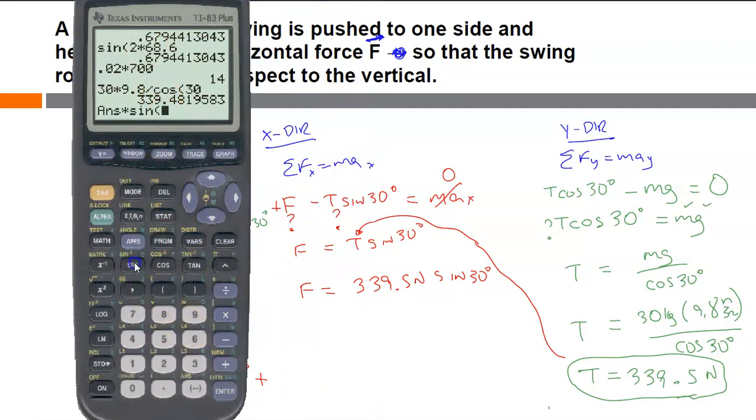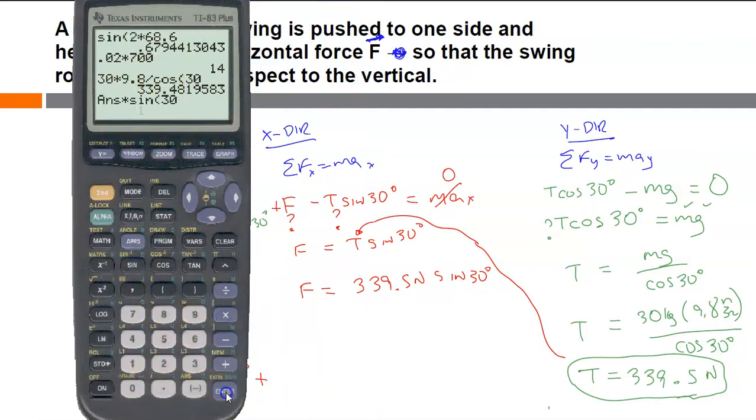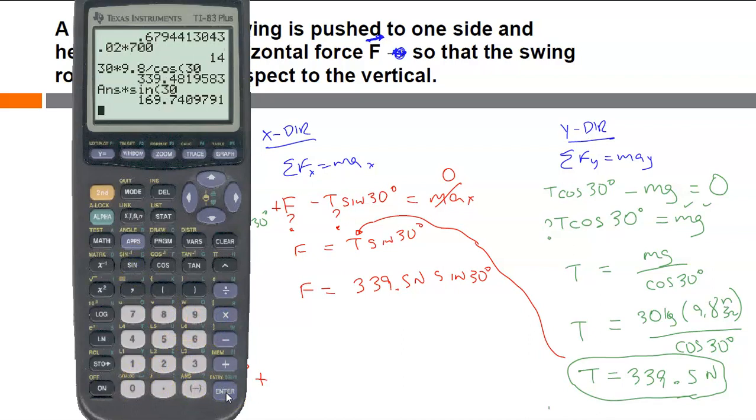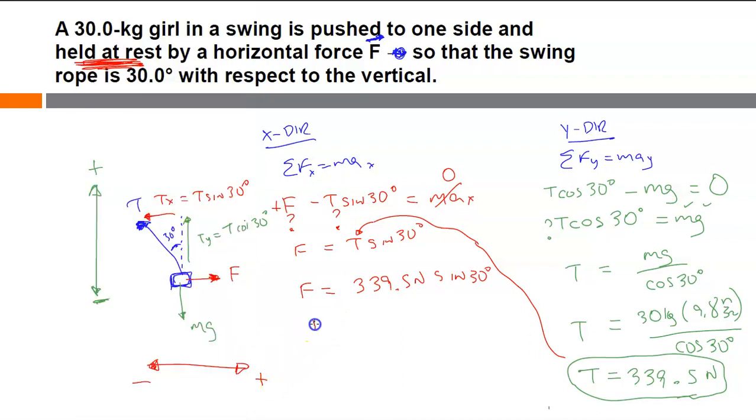I can go times sine 30, and that's 169.7 newtons.